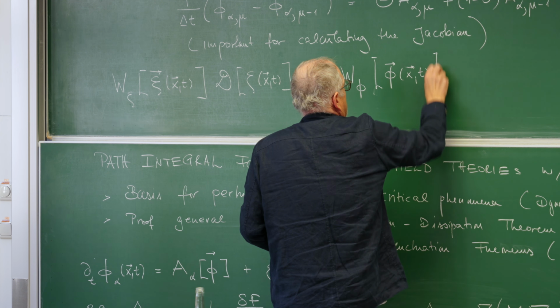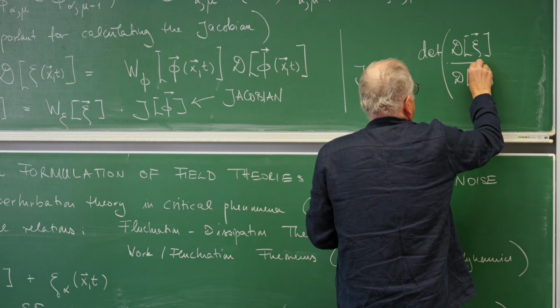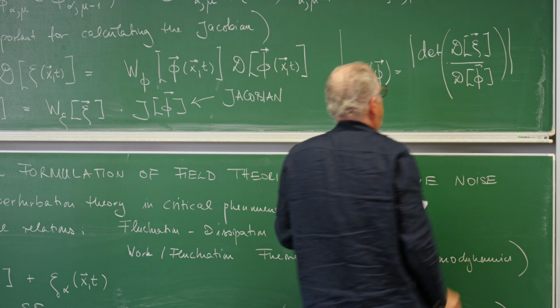So it's the derivative of the noise functional by the corresponding field term. So let me write it out. This j of phi is the determinant of the measure for the noise by the fields. Okay. That's what you have.